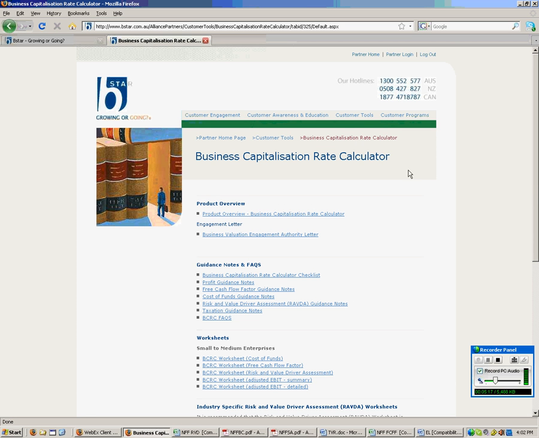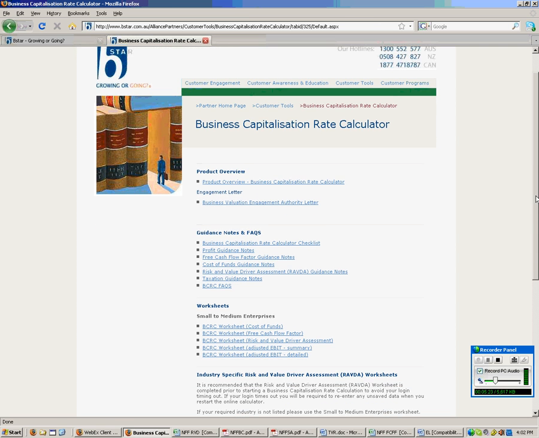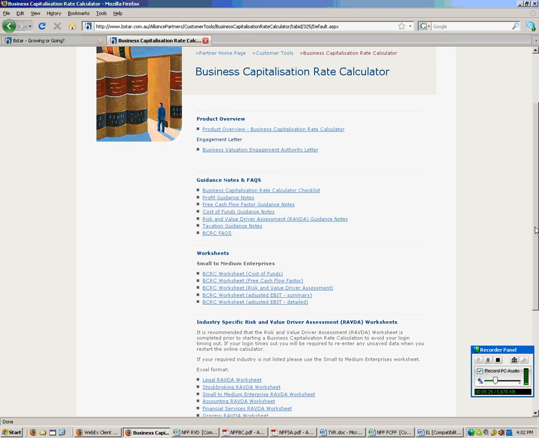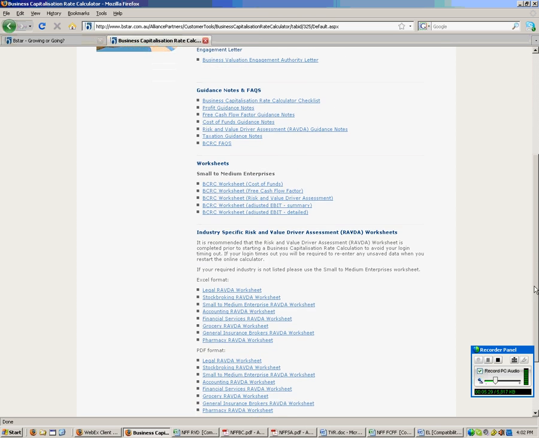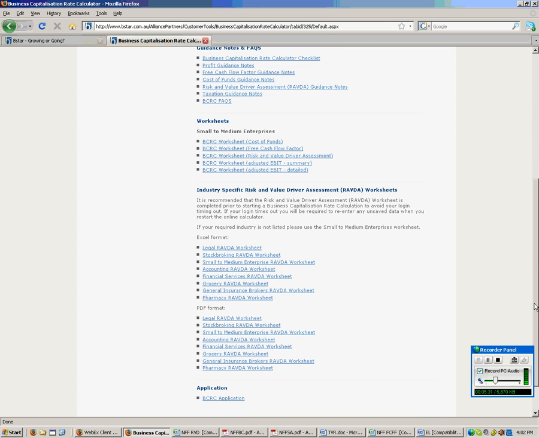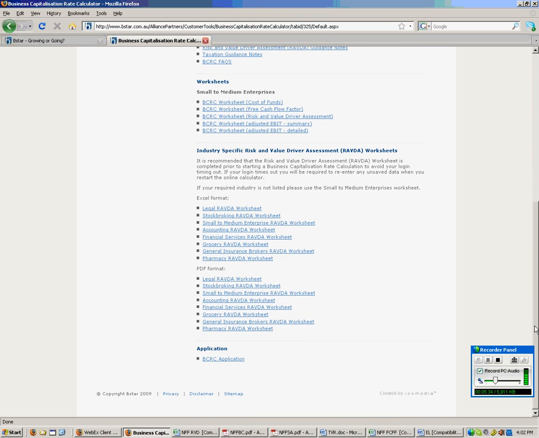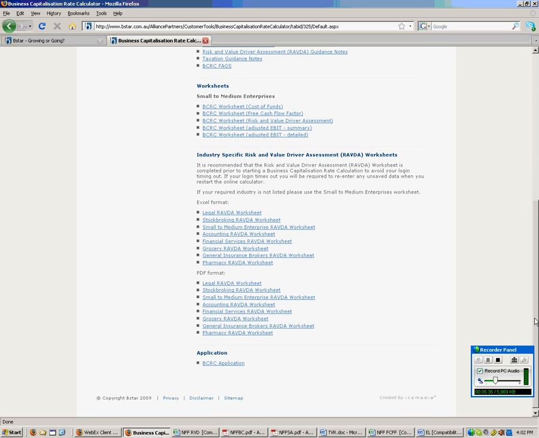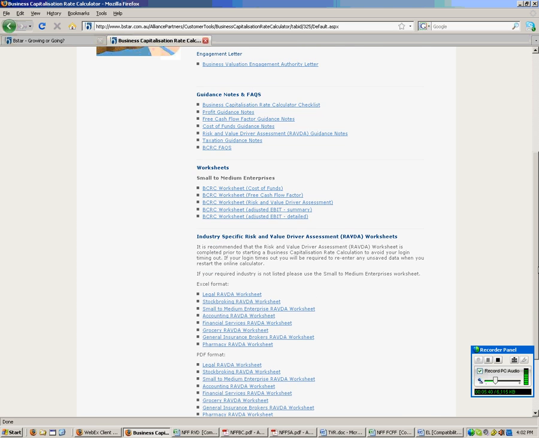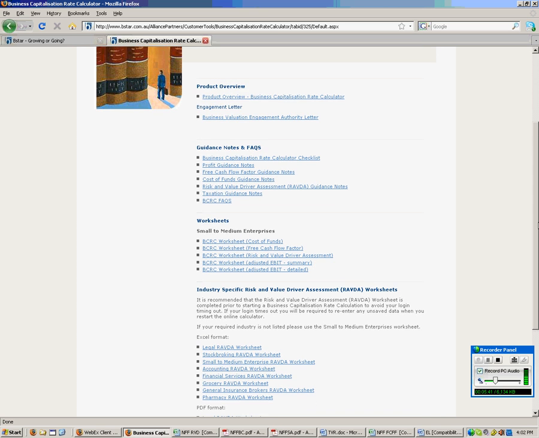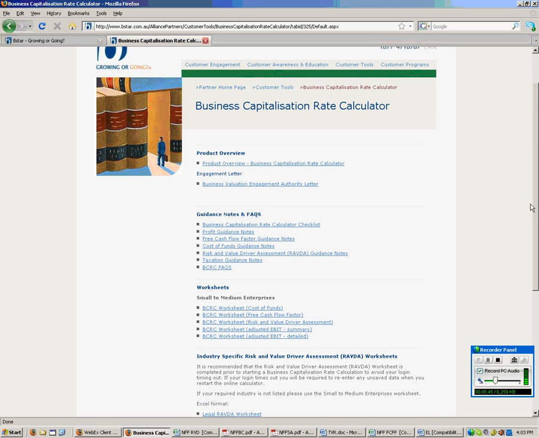The calculator's content page includes guidance notes, worksheets, and assessments for alliance partners to reconcile and prepare information prior to data entry. It is recommended completed worksheets containing the valuation assumptions are saved in a client's file offline for future reference.